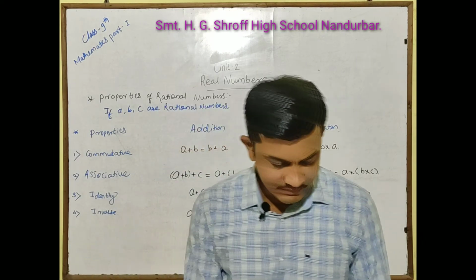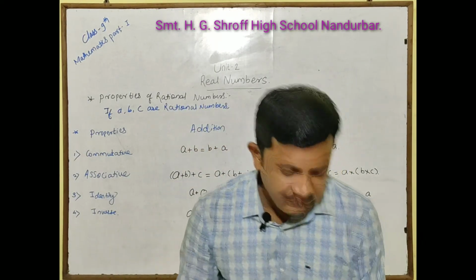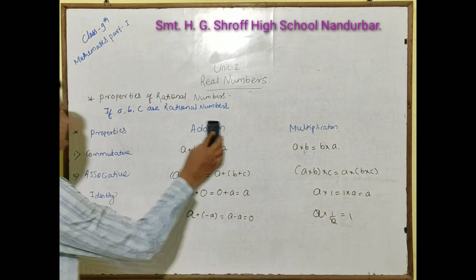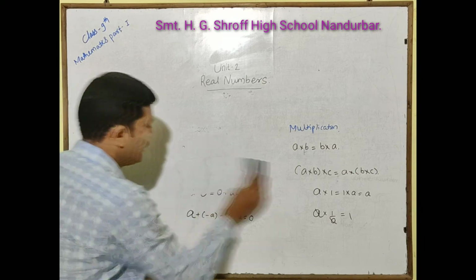And next is the decimal form of any rational number, which is either of the type terminating or non-terminating recurring.